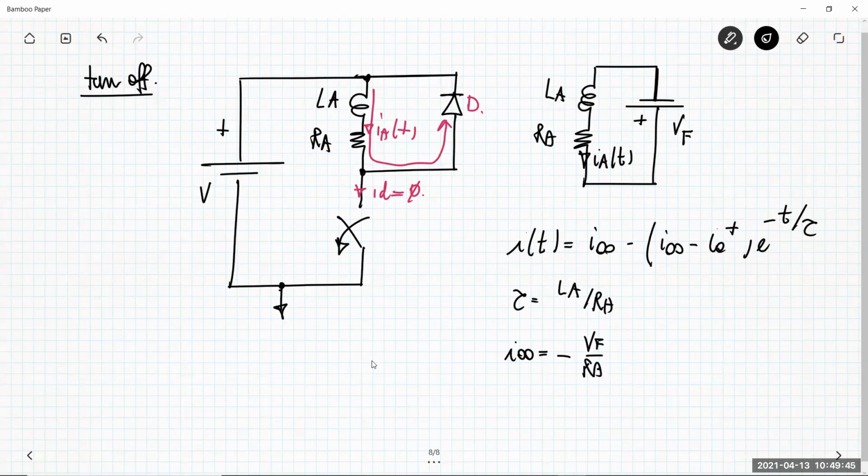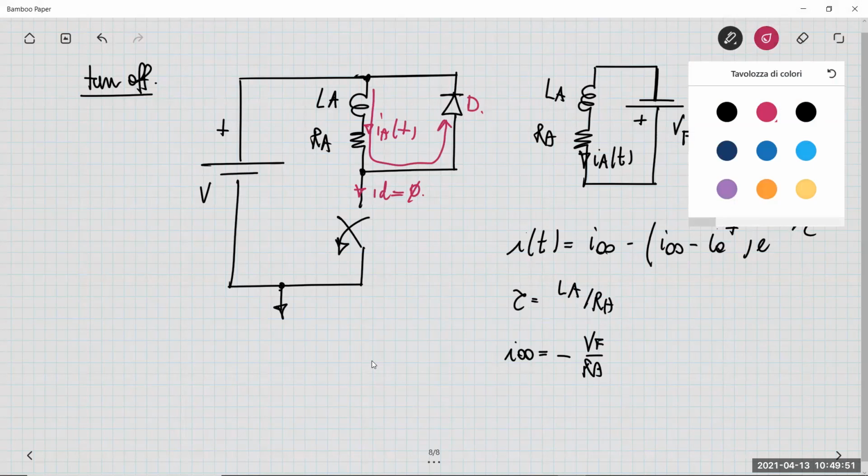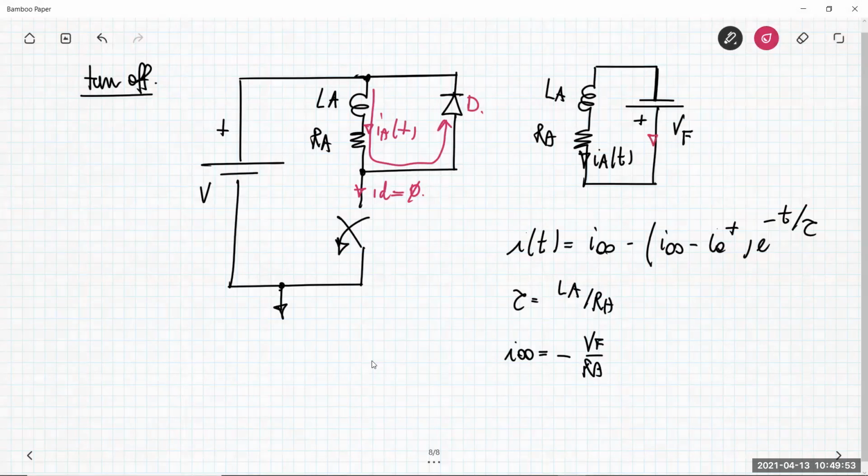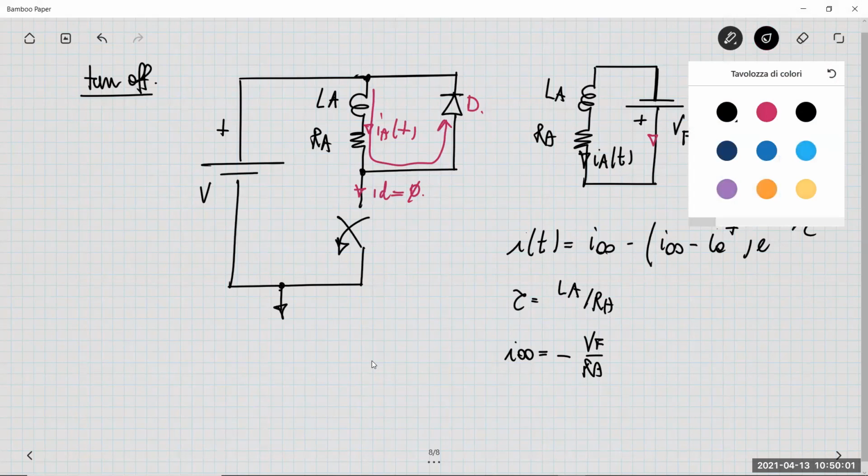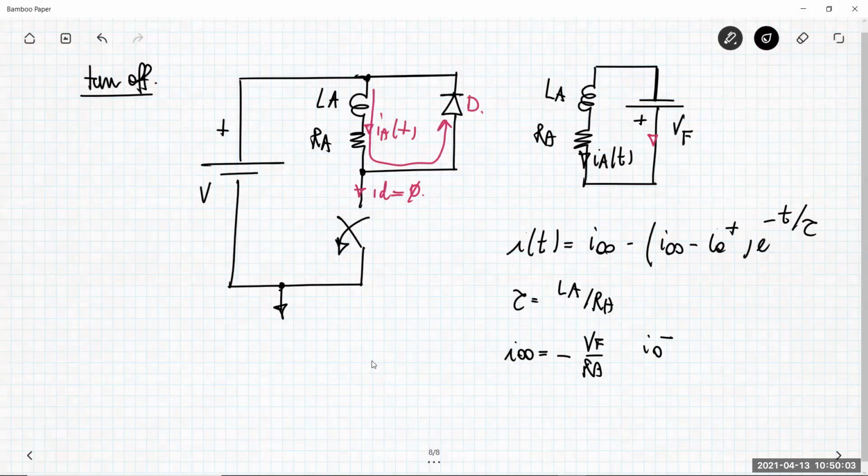When all the transients vanish out, the current flows exactly in this direction. And then I0 plus is the same as I0 minus, which is V over RA.